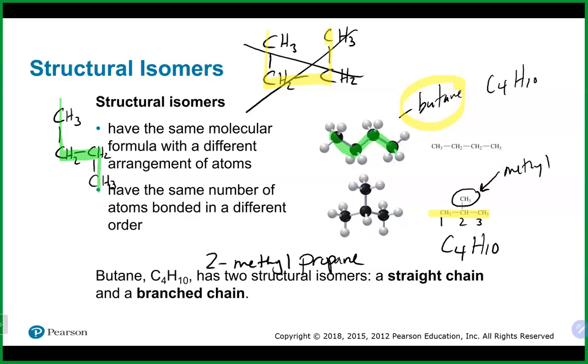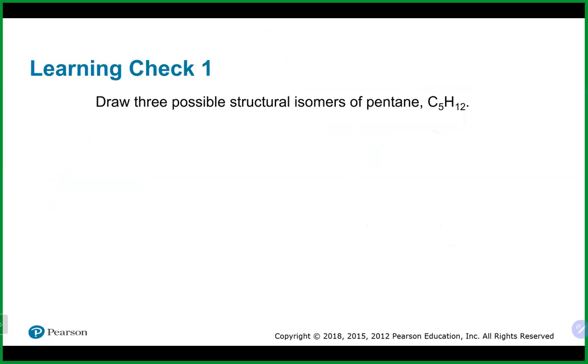So although it may look very different, it is still butane and not an isomer either. Sometimes when people are asked to draw isomers, they just figure, well, I'll just draw it down, draw it up, and it looks different. Really, the way to make sure that it is different is to name it. If you do get different names, assuming you name it correctly, then you probably drew an isomer. If you end up with the same name, even if it looks different, you probably just drew the same thing. So it's really important when you do isomers that you don't do that.